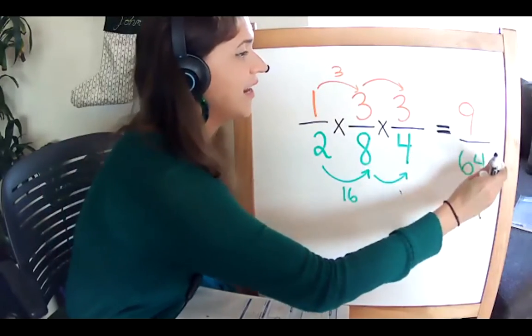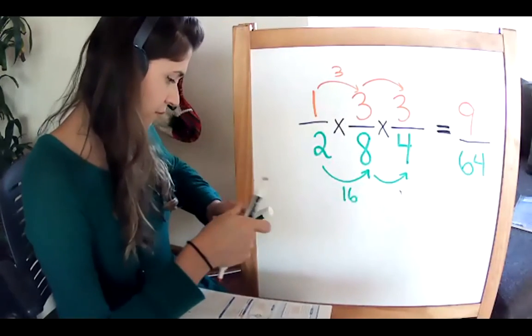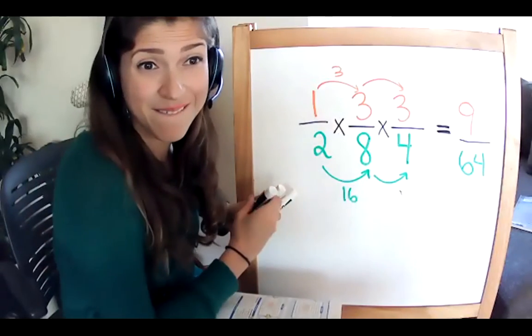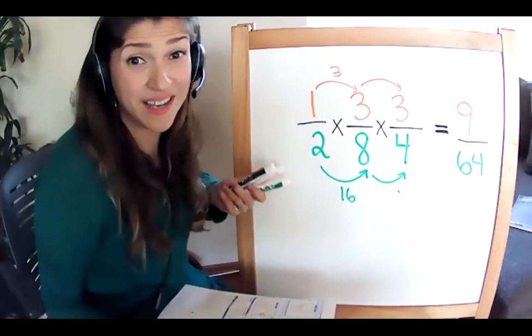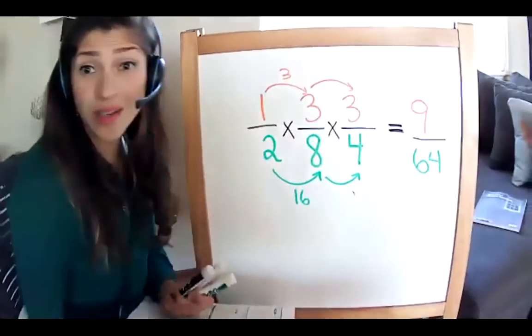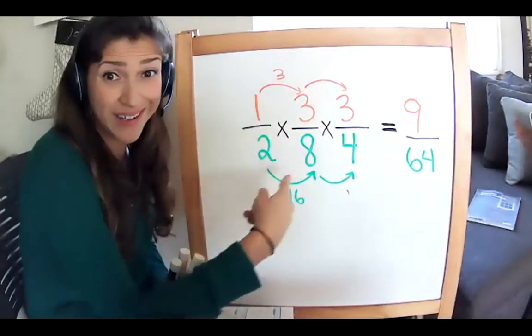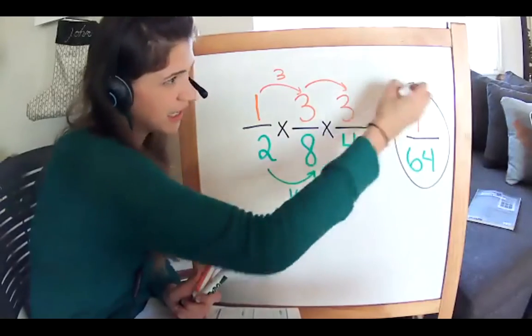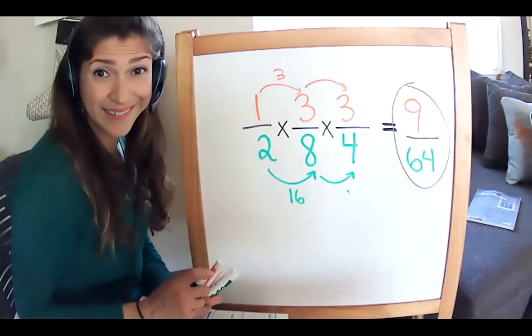And is that in simplest form? Yes, because we know it's in simplest form because we couldn't simplify it in the problem. If we couldn't simplify it here, it's not going to get simplified out here.